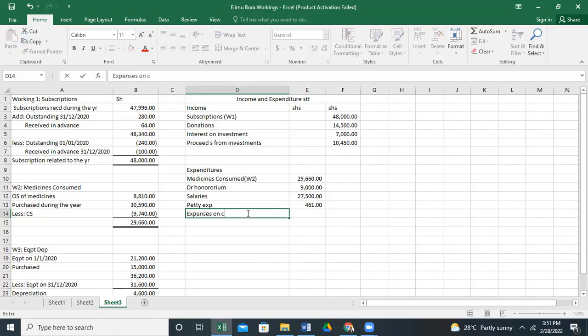Expenses on charity show. Remember, you've seen these clinics, like the ones that are organized by Lions Eye Hospital, the current hospital, etc. They might charge, let's say they are doing the dental, it's a dental clinic. They'll tell you, instead of visiting a dentist, we are going to charge you only a fee of 200, then we do you a dental checkup. Not everyone will go for a dental checkup to the hospital, but when it is brought closer, people might turn up.